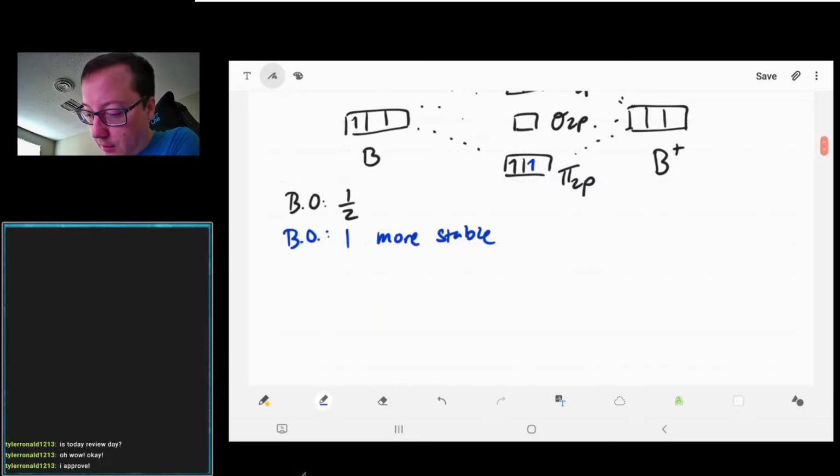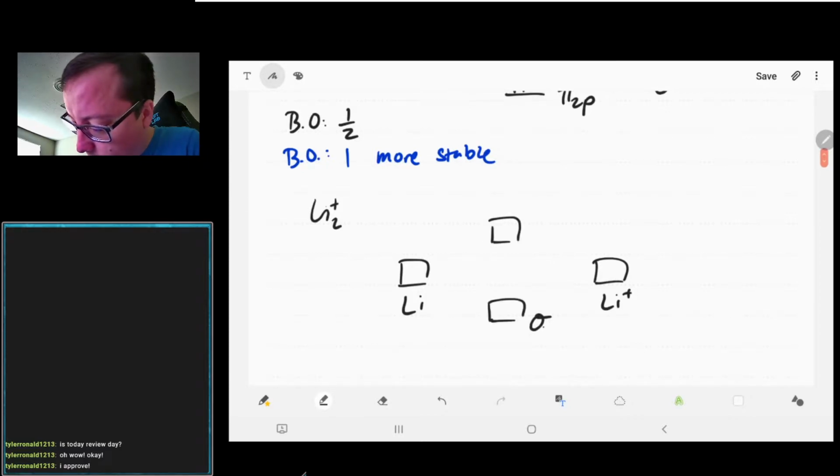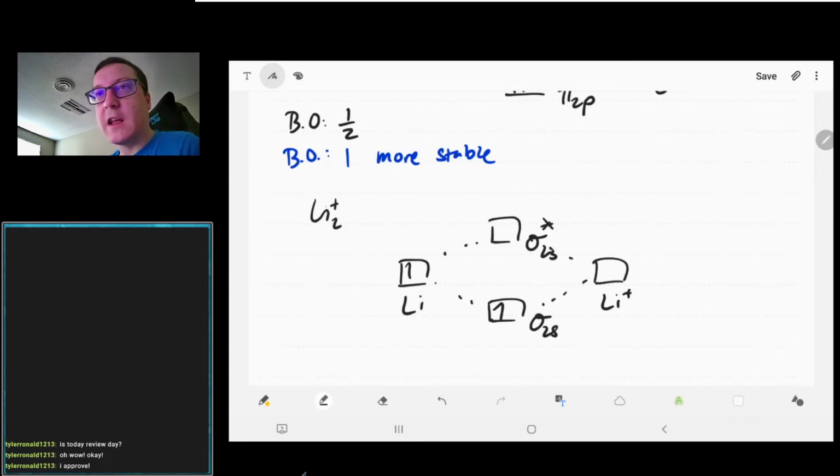All right, dilithium plus. Here is our first lithium. Here is our positive lithium. We have 1 electron, 0 electrons. So again, we're going to end up with just 1 electron there.